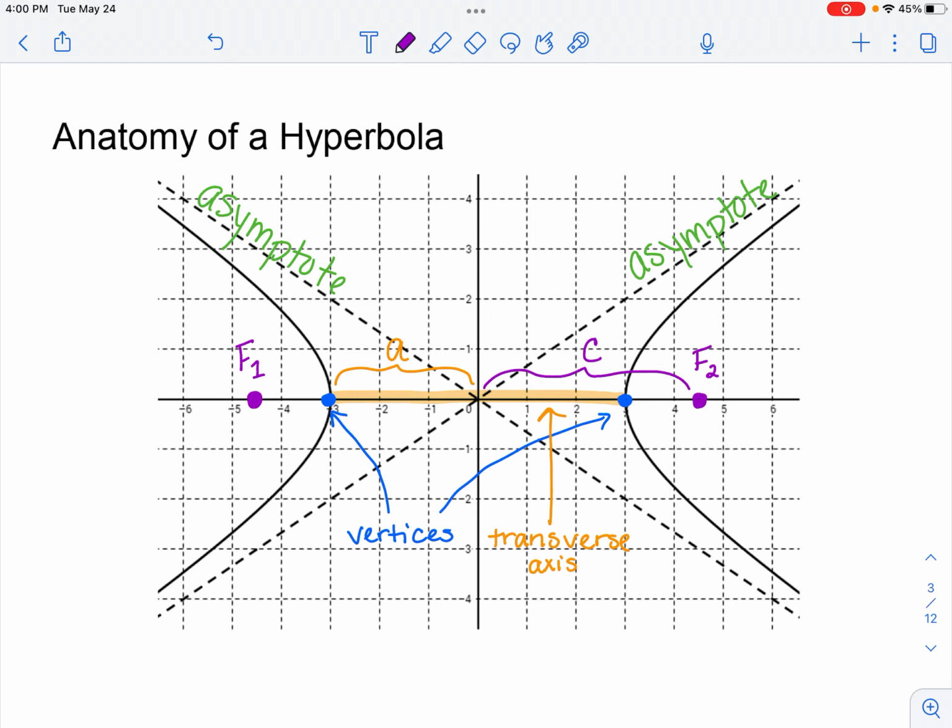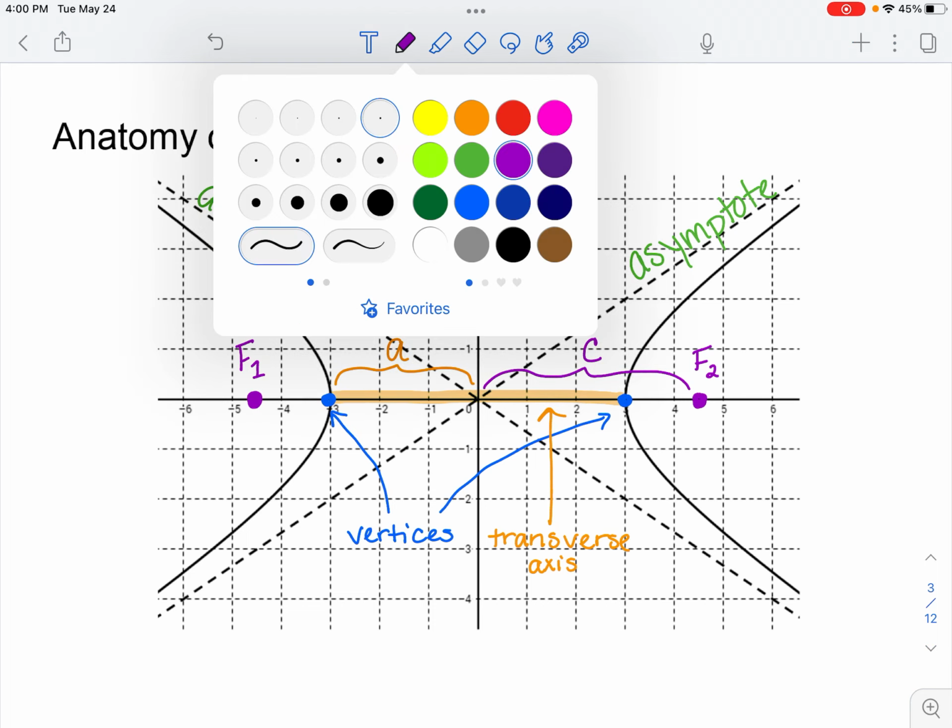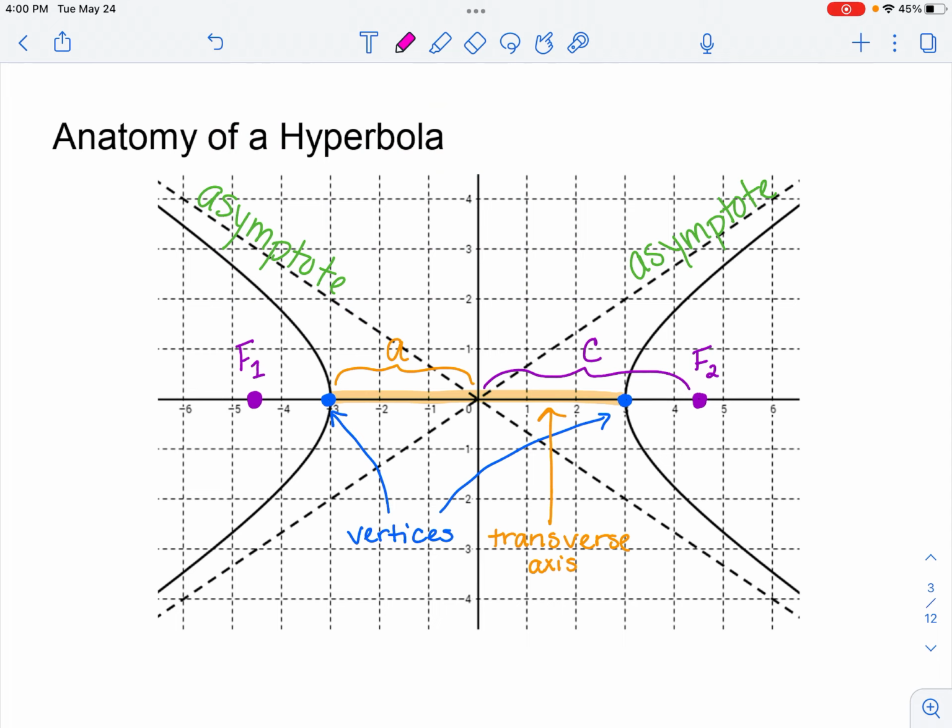Okay. Now, back to the asymptotes. What we're going to do is we're going to construct a box. All right. Now, from the vertices, I'm going to start with the one on the left. I'm going to go from the vertex straight up until I hit the asymptote, okay? That distance is B. All right, I'm going to do the same thing on the other side.